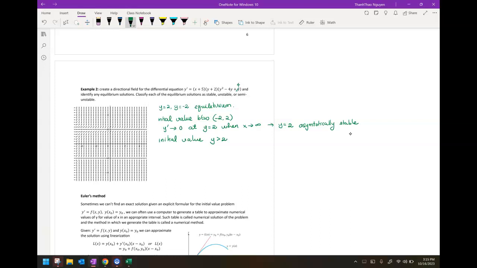Okay, when y is greater than 2, y prime, which is the slope, approaches infinity as x approaches infinity. Okay, so then if the initial value starts with y greater than 2, then y equals 2 is deemed unstable.